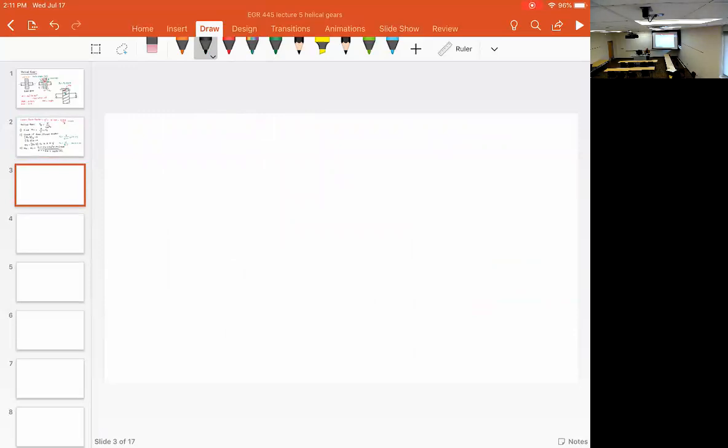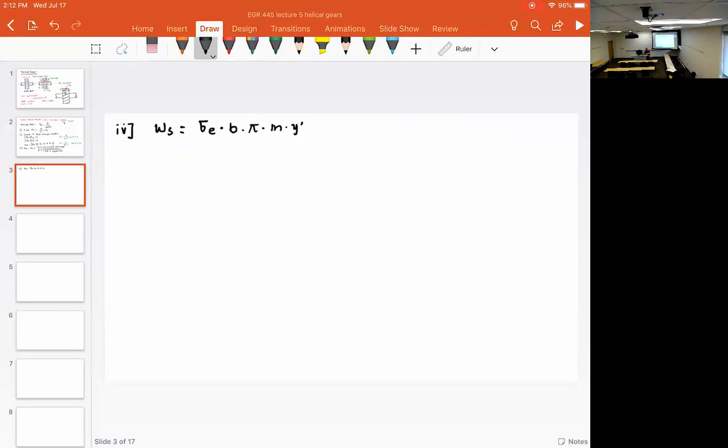Then the next thing is we have to find out the static tooth load, WS. The static tooth load is sigma E B pi M y prime.